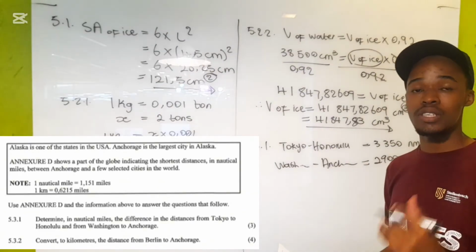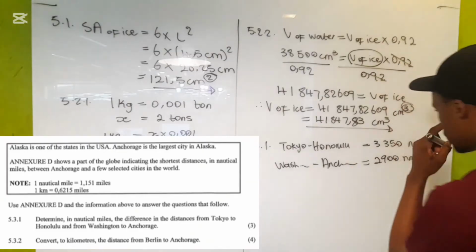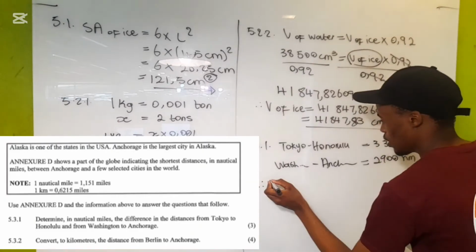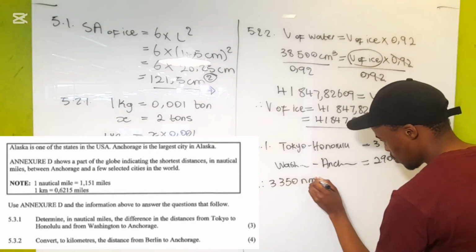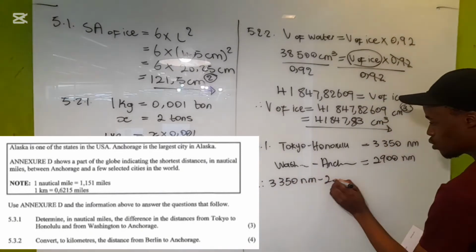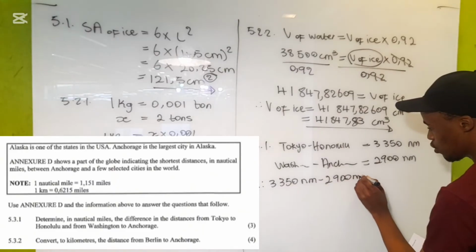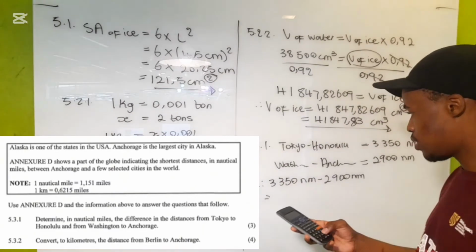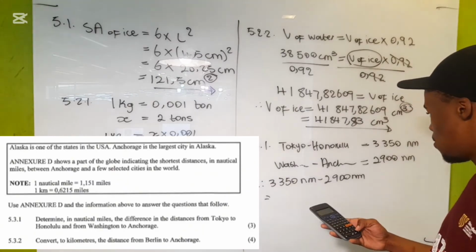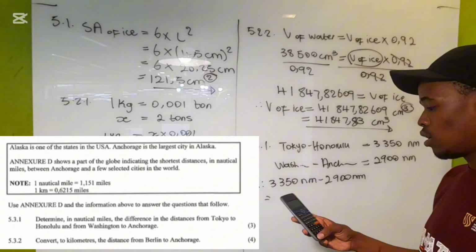Now we have the two distances. What we have to do is determine the difference. So we're going to take 3,350 nautical miles and subtract 2,900 nautical miles. Click that on the calculator: 3,350 minus 2,900.